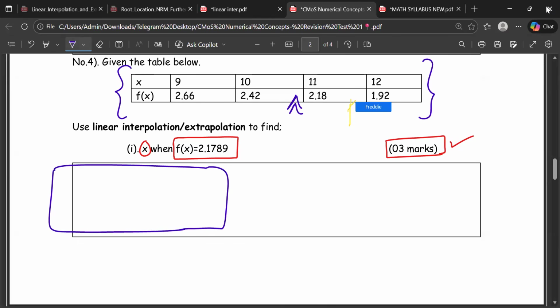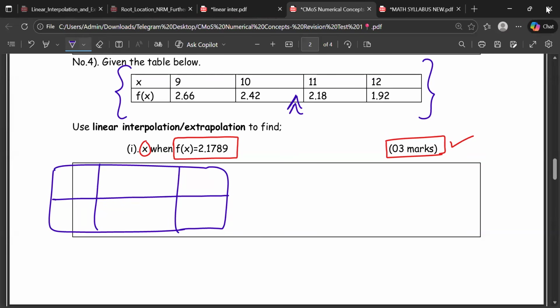This table is always having 2 rows and 3 columns. I'm going to tell you why. Remember, it is between, and since it is between, that means there are known values on the sides. Remember, we said for interpolation, the value we are looking for is between known values.